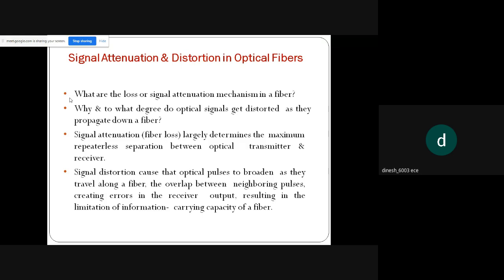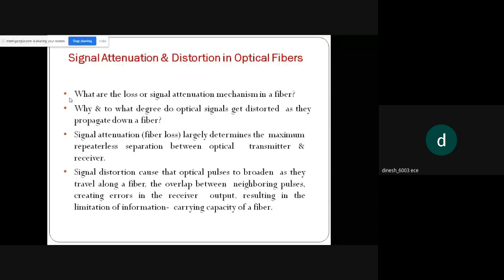The first one is signal attenuation or fiber loss. The second one is signal distortion. Why and to what degree the optical signal gets distorted is what we are going to determine in specific cases, in graded index and polarization mode dispersion.